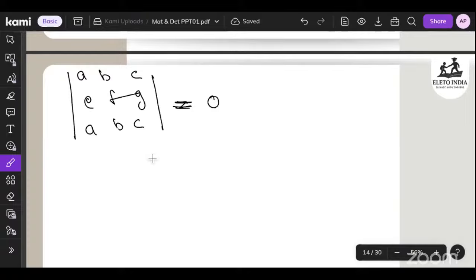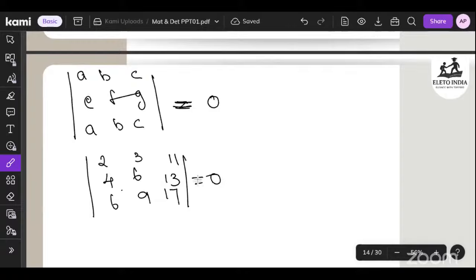Let us take one numerical example like this. If you have 2 3 11, and then 4, 6, 13, 6, 9, 17, this is also equal to 0.